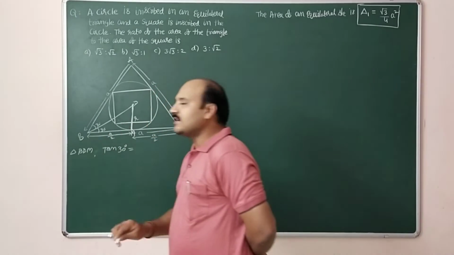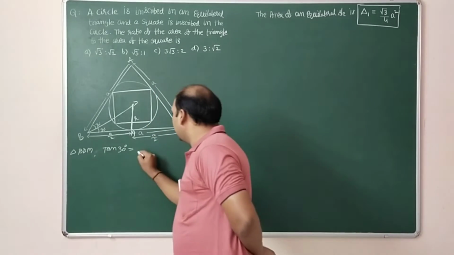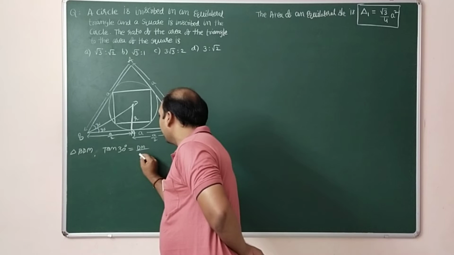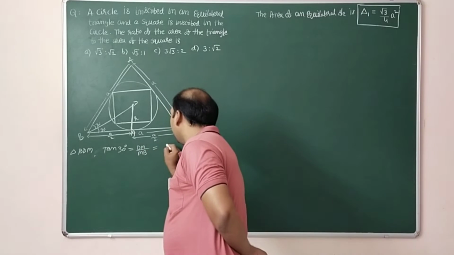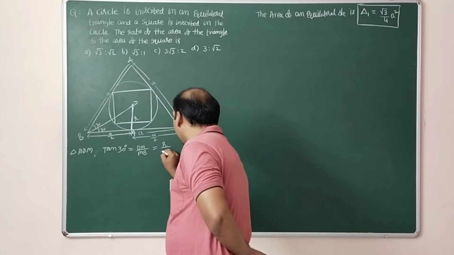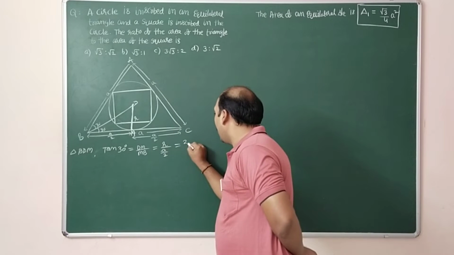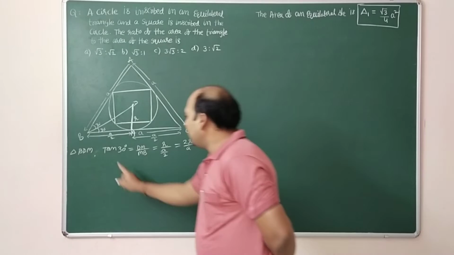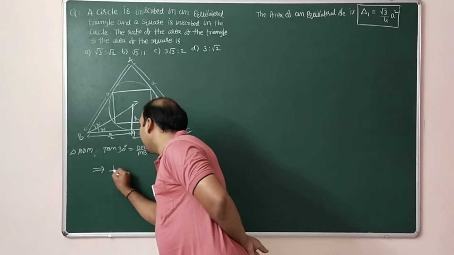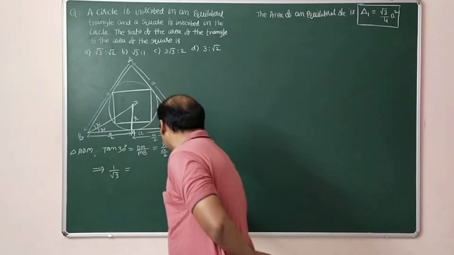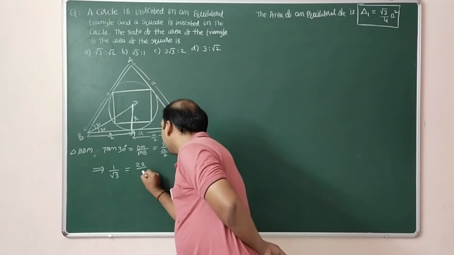So opposite and adjacent sides, if you know, you will get DM divided by MB. DM value is R divided by A by 2, that is also equal to 2R divided by A. What is tan 30? Tan 30 is equal to 1 by root 3, which is equal to 2R by A.